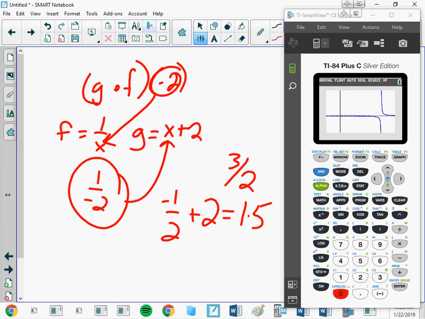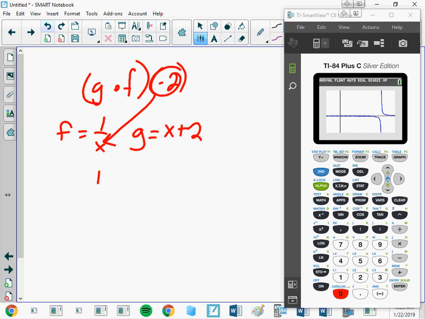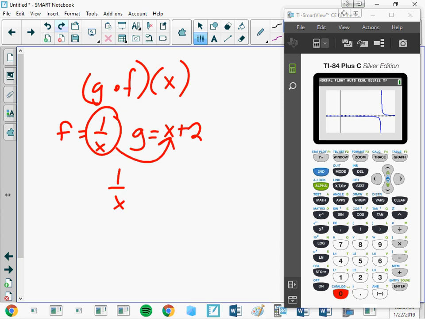We good there? Let me back up. What if it said this? How do you find G of F of x? I put the F function inside the G function, and I get 1 over x plus 2.